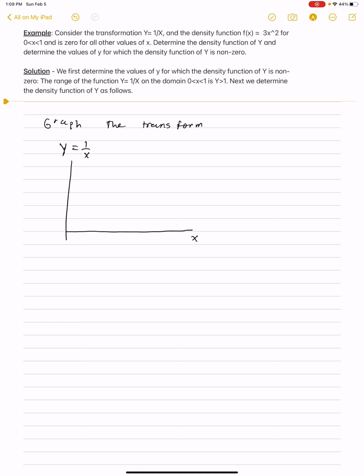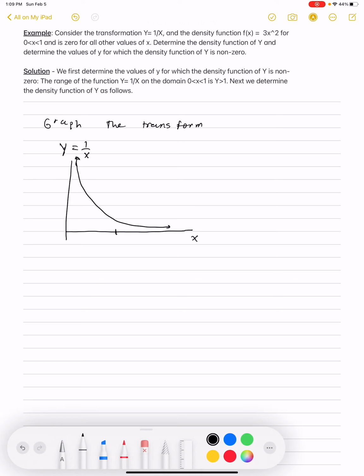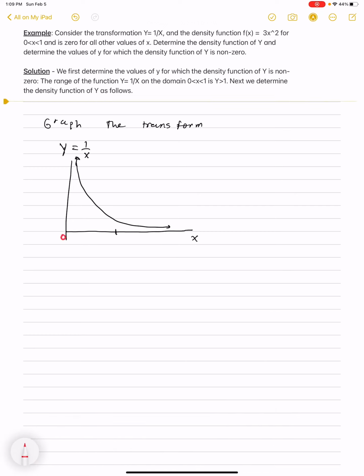Here's x. 1 over x looks something like this. It goes to infinity as x goes to 0, and we're asked for a specific part of it. We're asked for the part between 0 and 1. So those are the x values.